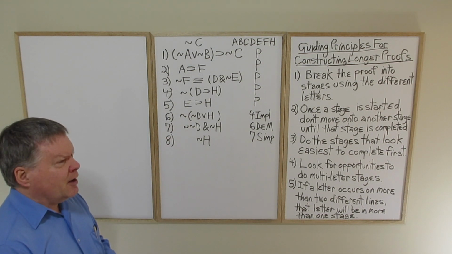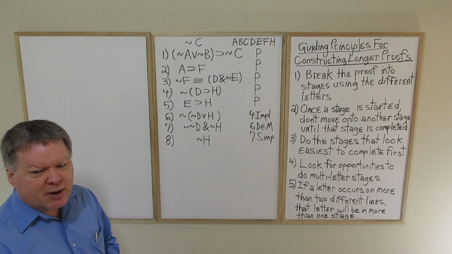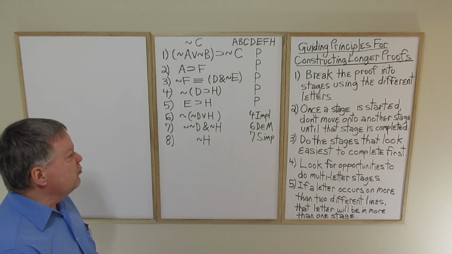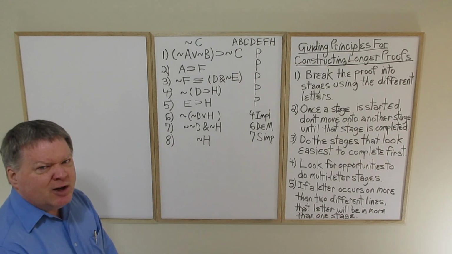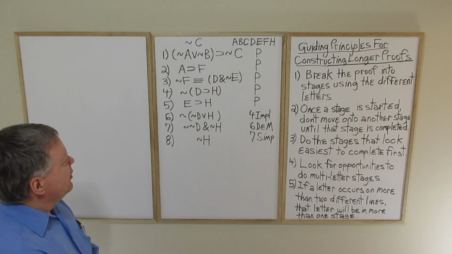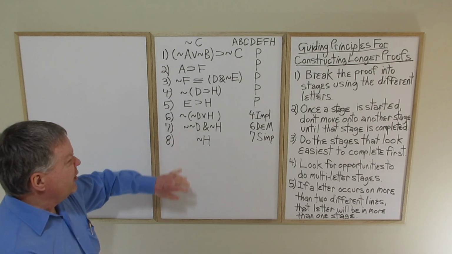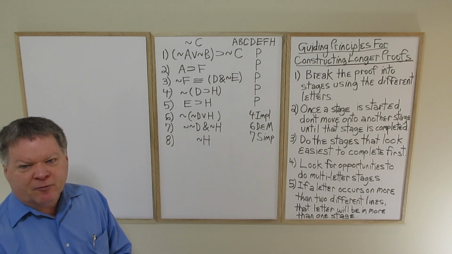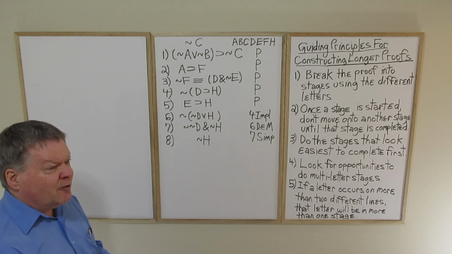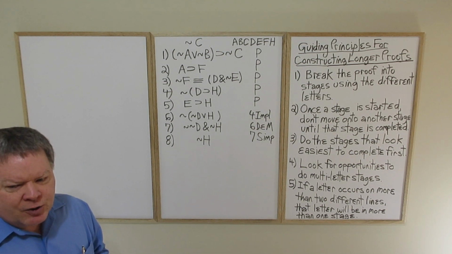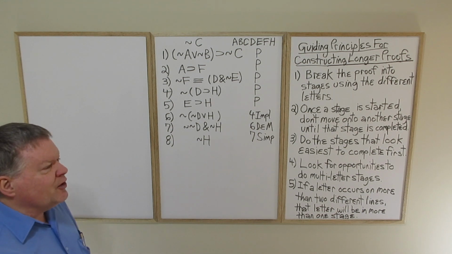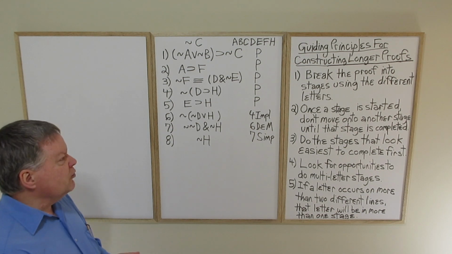I want to emphasize there's no requirement that you construct the proof in a way that keeps the stages as neat as possible. Thinking of the process of proof construction in terms of these stages is a very helpful guideline, but ultimately you're not required to keep the stages as neat as possible.